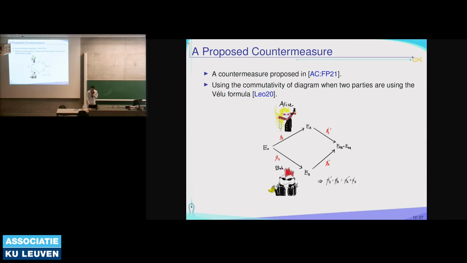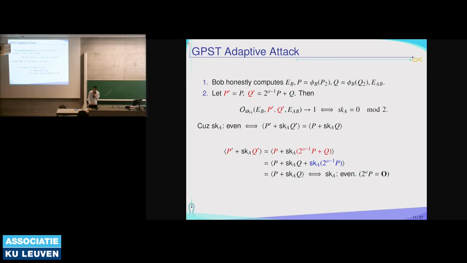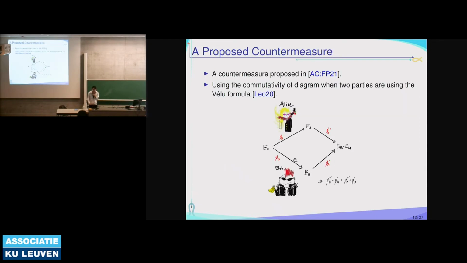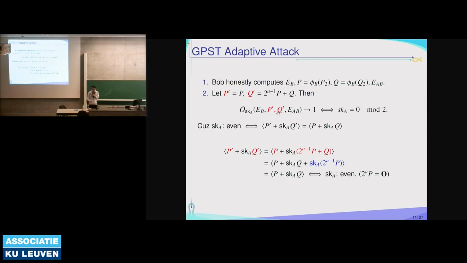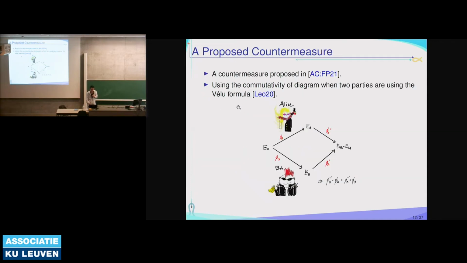So this is the idea they use, because you can observe that if Bob in this attack wants to extract Alice's secret key, he has to manipulate this point here, and because he manipulates this point, these authors probably expect that this will make this commutative law not hold.